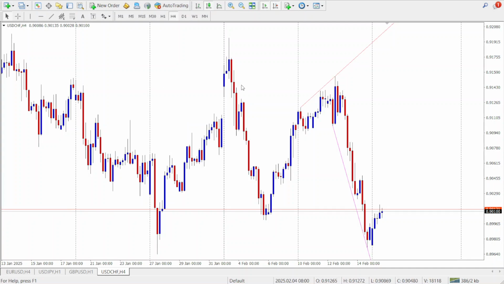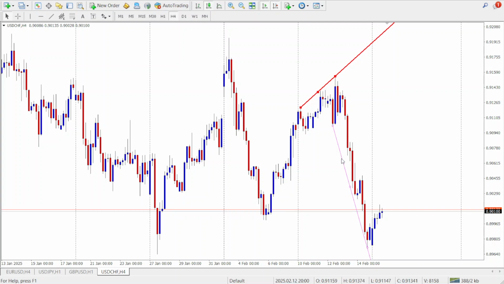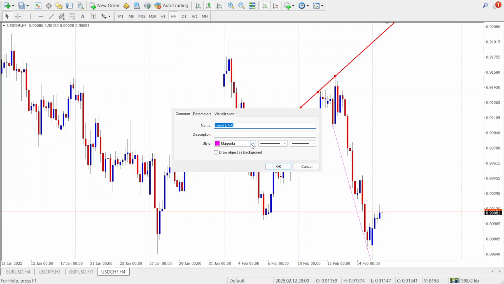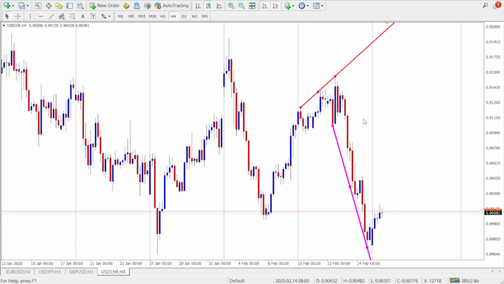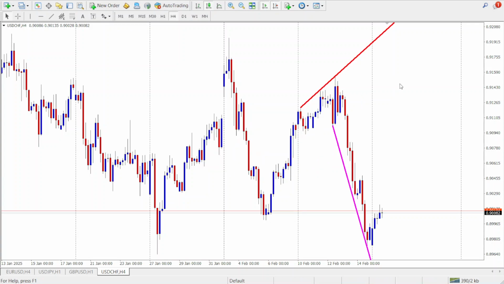I think I'm supposed to do that from here. So it's just to make it more visible. I just had to increase the thickness of the trend line.